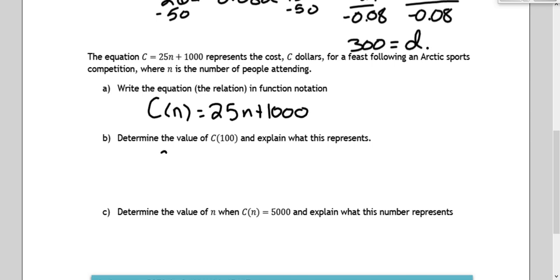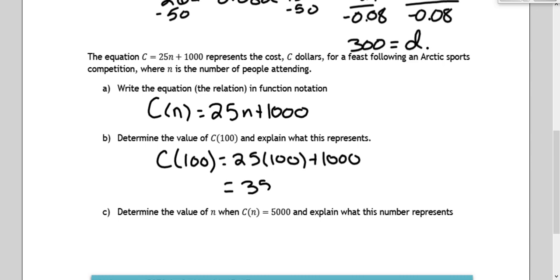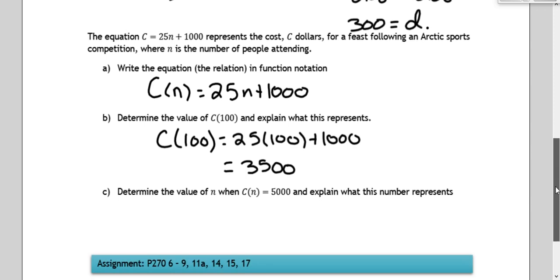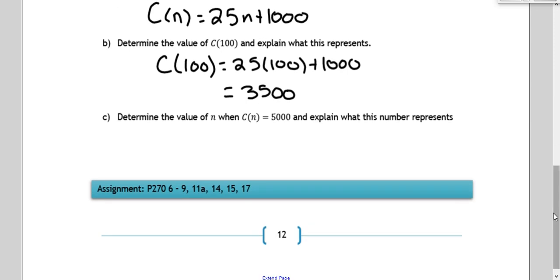Determine C of 100, so when 100 people attend, 25 multiplied by 100 plus 1,000 is equal to 3,500. So it'll cost $3,500 to provide a feast for 100 people attending.